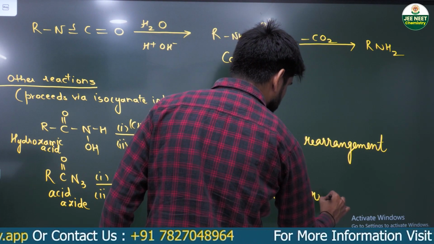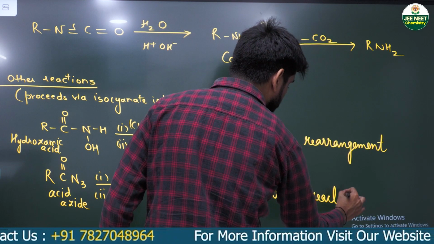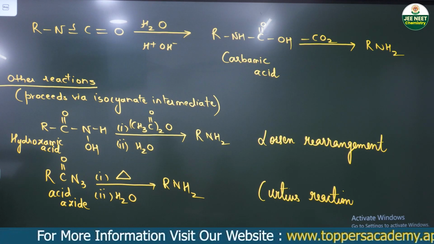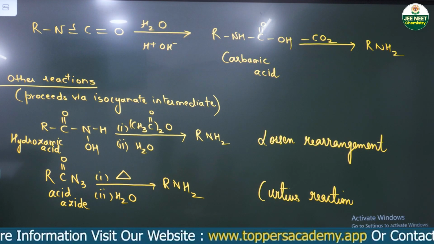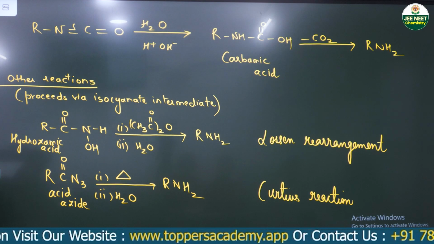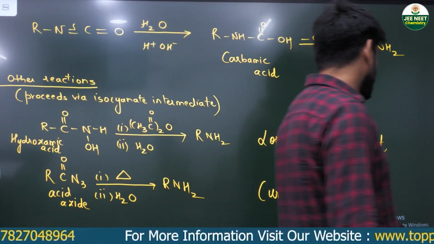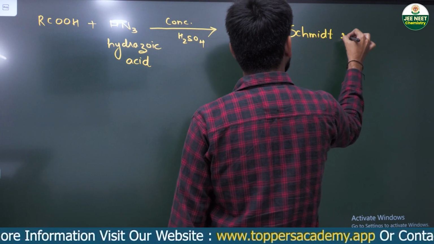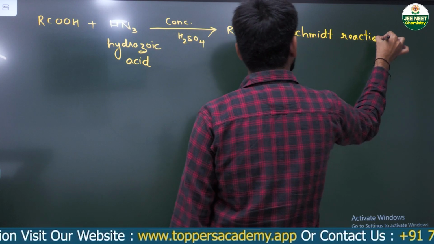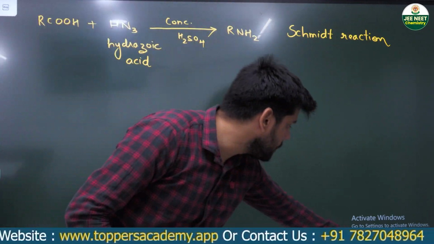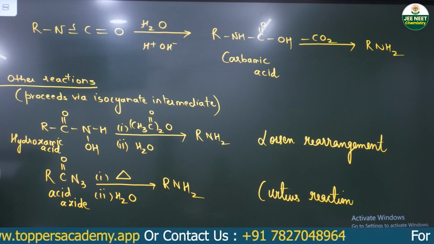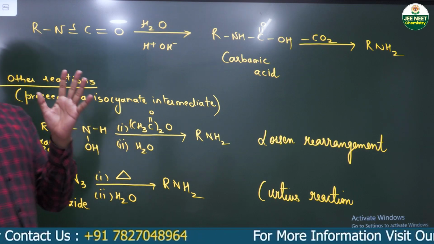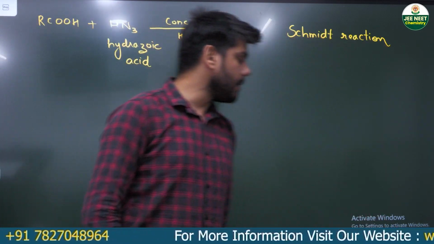And the reaction of acid with hydrazoic acid in the presence of concentrated H2SO4 is your Schmidt reaction. Lossen, Curtius, Schmidt, and Hofmann bromamide all proceed via an isocyanate intermediate in order to give you an amine.